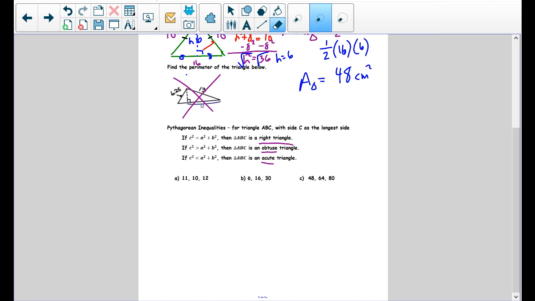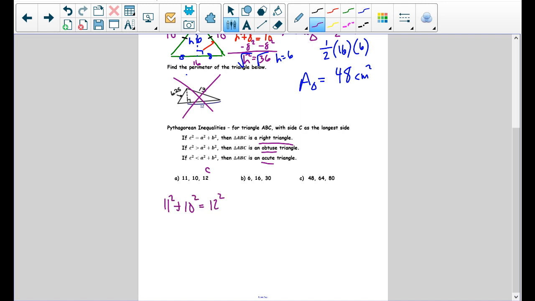So when we plug these in, in this case 12 is my C. A and B again doesn't matter. So when I plug this in, 11 squared plus 10 squared versus 12 squared. So this is 121 plus 100, which is 221, and 12 squared is 144. So what's bigger?